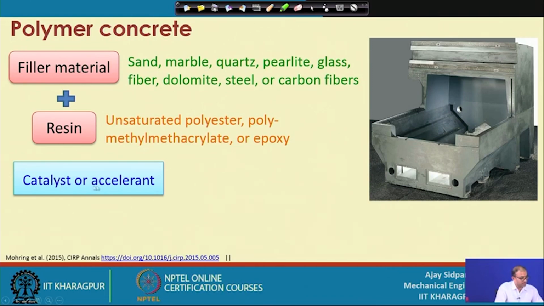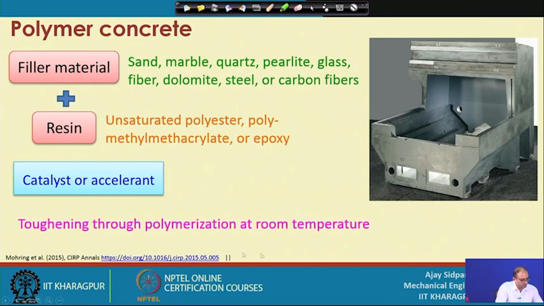So, you have to add some type of catalyst or accelerant which will actually increase the probability of proper mixing of those two things, and it will also reduce the total time, and all things you have to do at the room temperature. So, once you mix the two things along with the catalyst, polymerization happens between all the three things, and then it becomes very, very tough. So, this is the way you can make the polymer concrete.